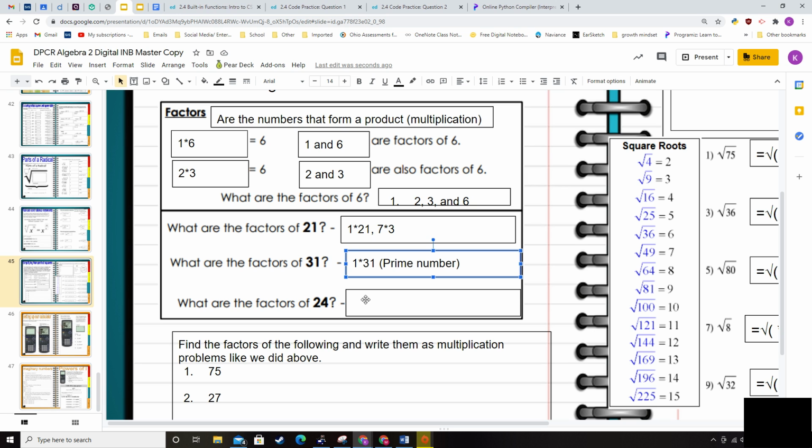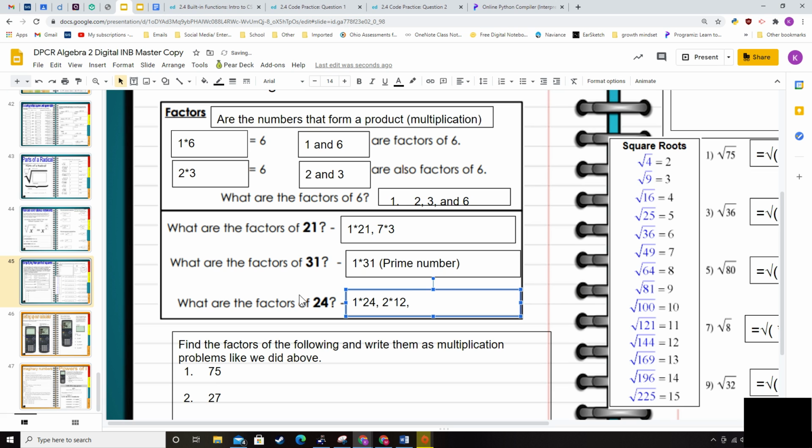All right, let's take a look at the next one here. What are the factors of 24? We know there are quite a few factors for this. So let's look. We've got 1 times 24. We also have 2 times 12.